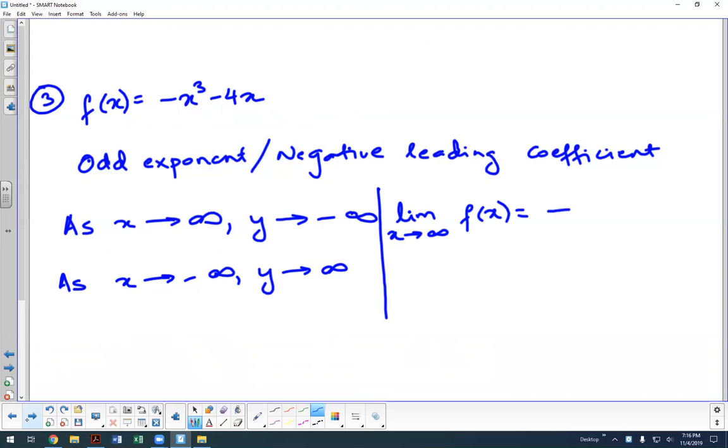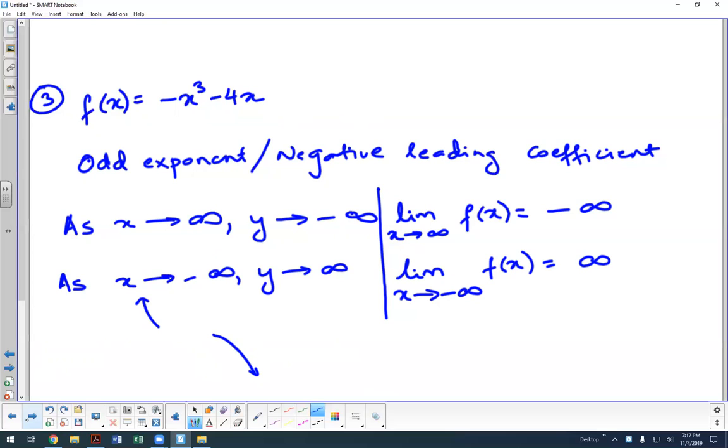So this will equal negative infinity. So for the second part of our shape, we will write limit as x goes to negative infinity. Our function f of x is going to positive infinity. So one arm will be going down, the other arm will be going up.